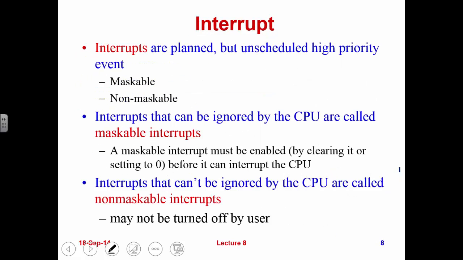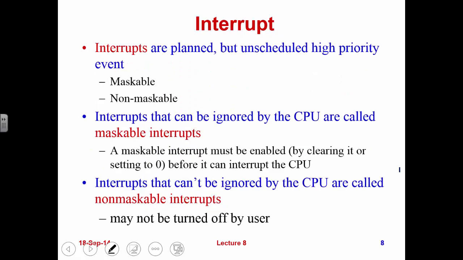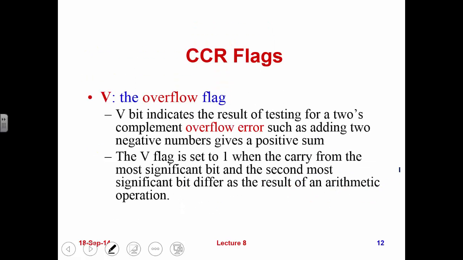Well, next bit I show you is bit V. Bit V is interesting. It indicates the result of testing for two's complement overflow error. When we do some arithmetic operation, in general it happens between two numbers.